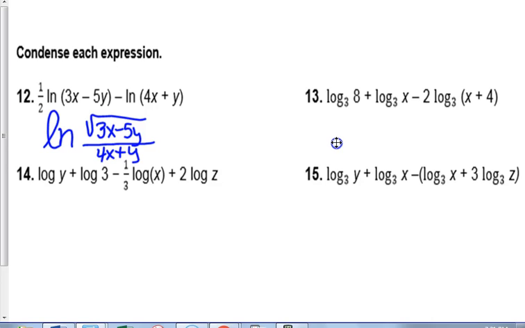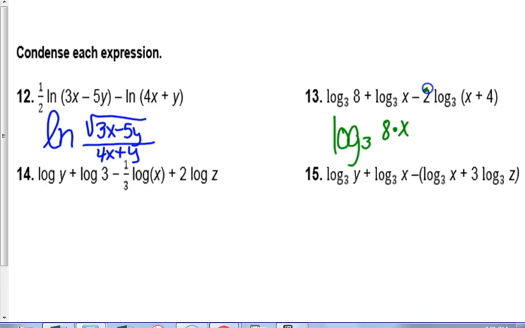Other Jacob, I'm throwing you this one because this one isn't as bad. Log base 3. Plus means? Okay, so we're going to do 8 times x.